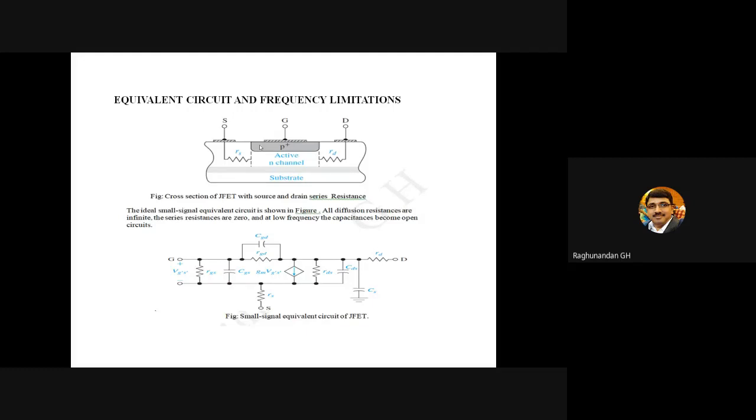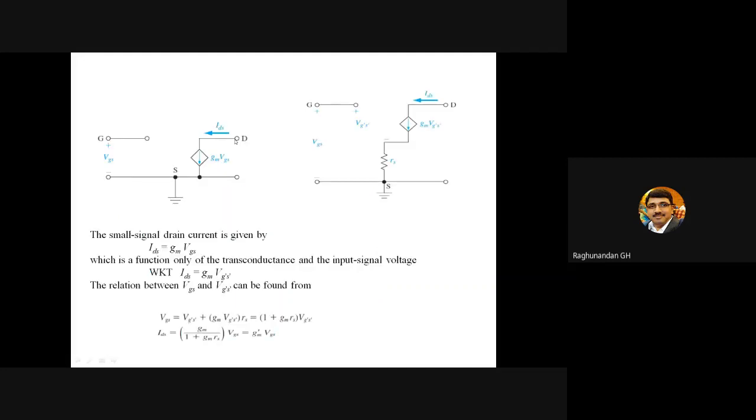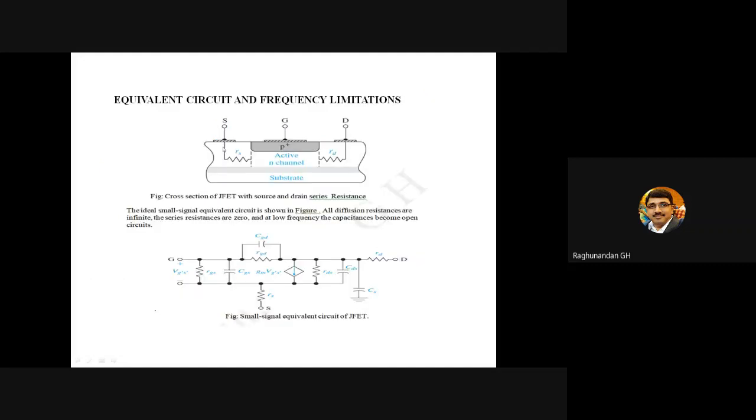So here, the metallic contact of the source and metallic contact of the gate, between those two, we are having n layer. Between this metallic plate and this metallic plate, we are having n layer. So these two form a capacitor.